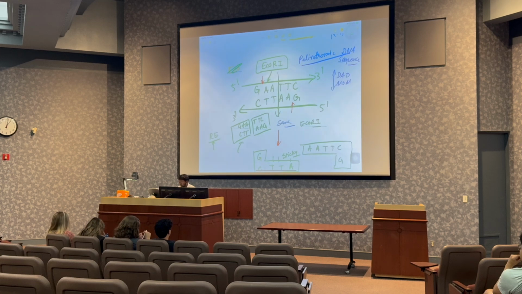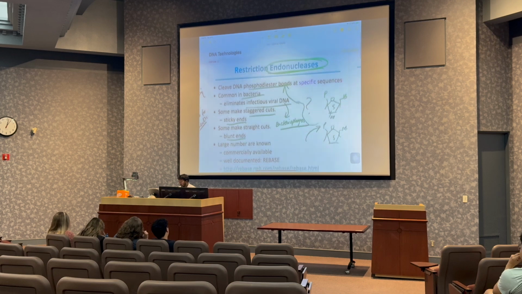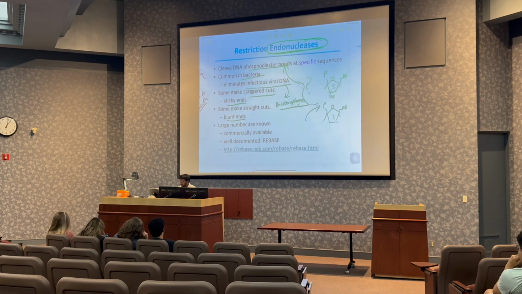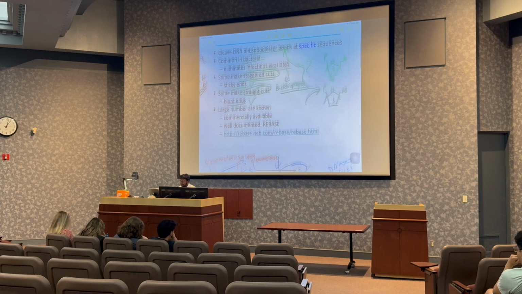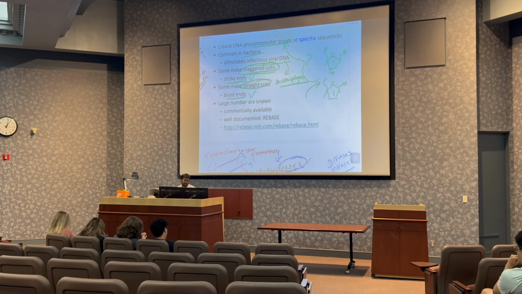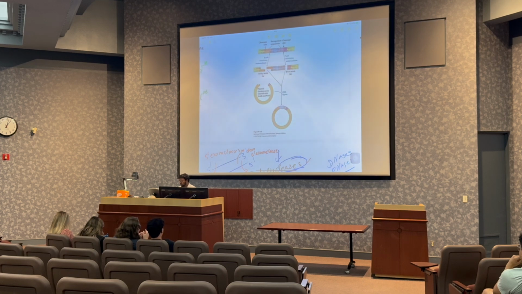So this is a blunt end. Some make staggered cuts and make sticky ends, some make straight cuts and make blunt ends. Depending upon what you want, you will use those restriction enzymes separately. Large numbers are known, commercially available, and well documented. We have a database, if you want, go and check them out.